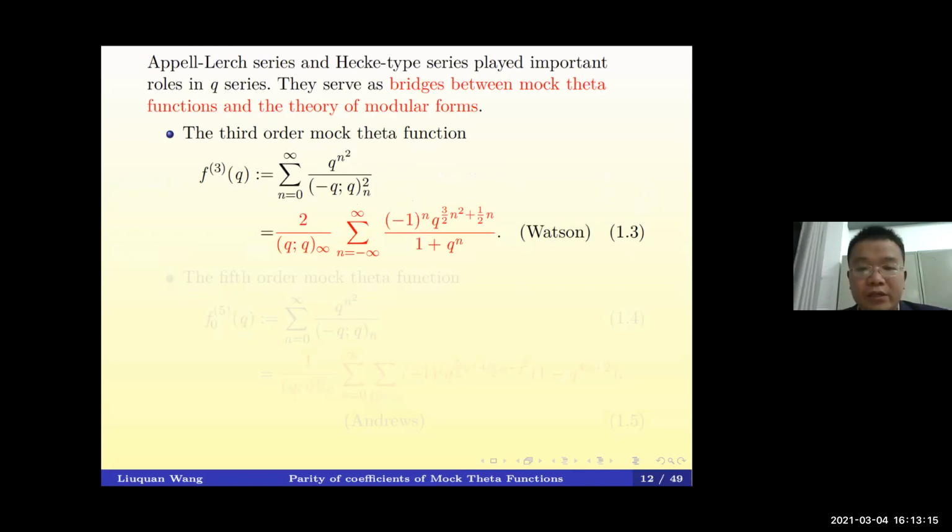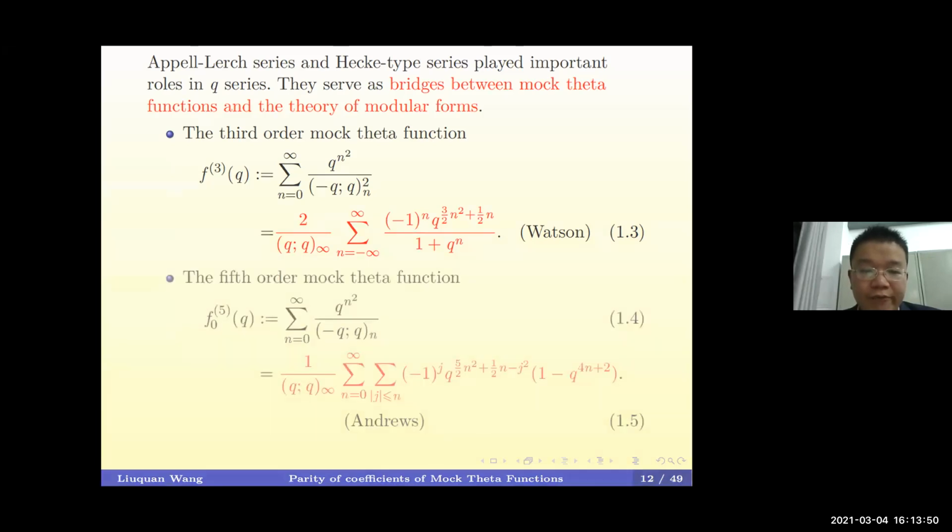In the 1930s, Watson found that for the third-order mock theta functions, they have some Appell-Lerch series representations. For instance, for this function f(q), he found that it can also be written as an infinite product 2 over (q;q) infinity times another Appell-Lerch series. And as we know, the product part is essentially a modular form. So to understand the modularity of f(q), we just need to study the Appell-Lerch series part.